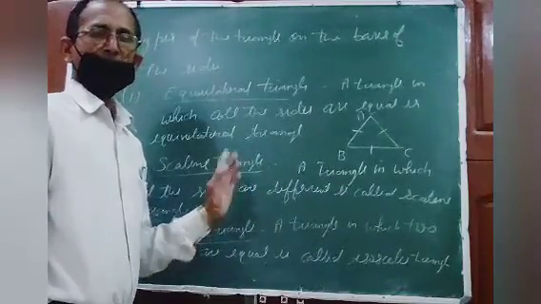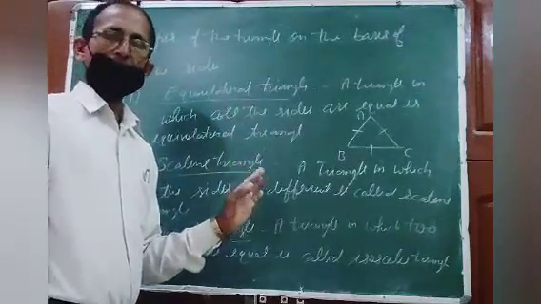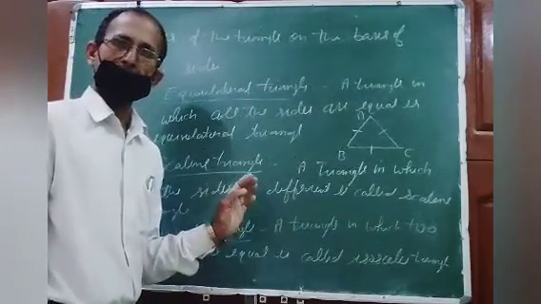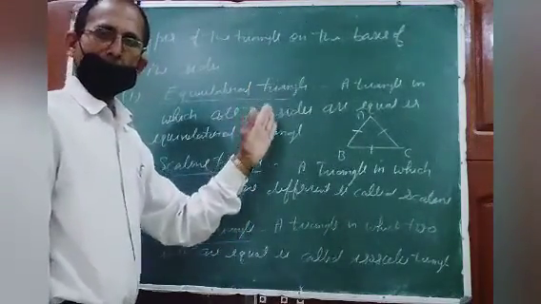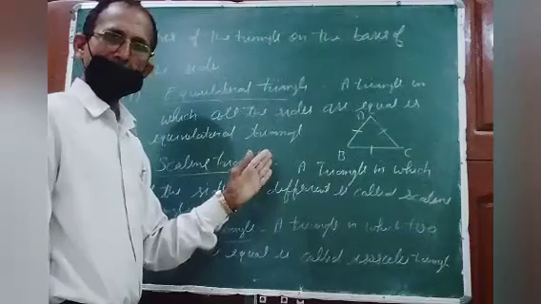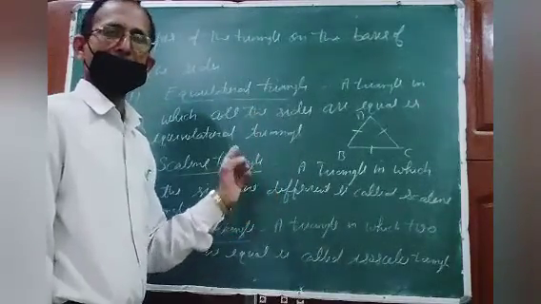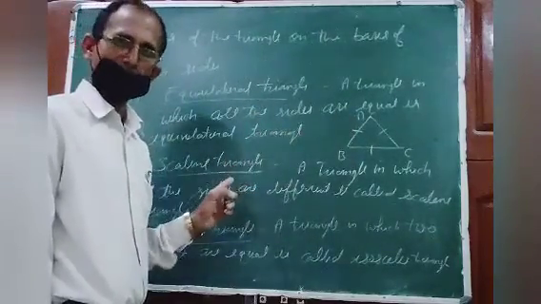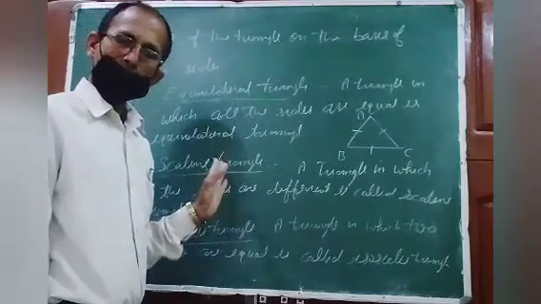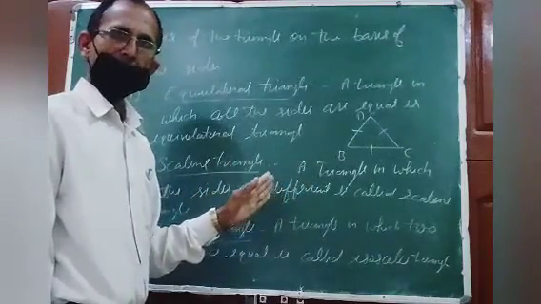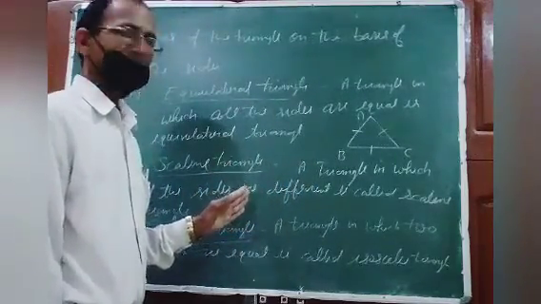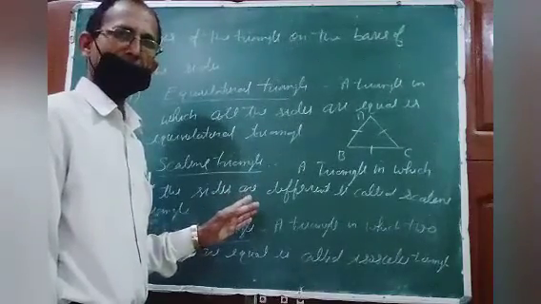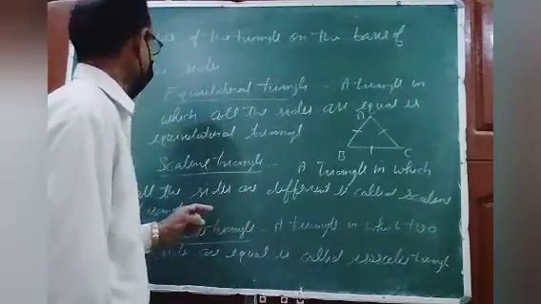Understood? Now classification of the triangle on the basis of the angles. First I told you how many types of triangles there are on the basis of the sides. All the sides are equal, equilateral triangle. All the sides are different, scalene triangle, and two sides equal is called isosceles triangle.